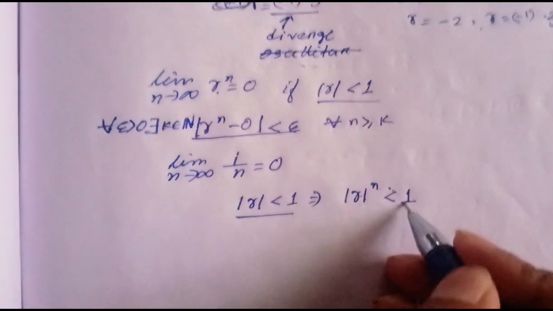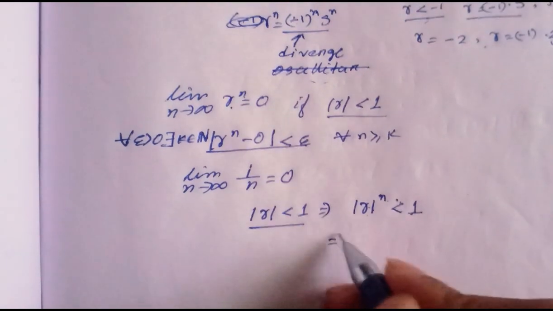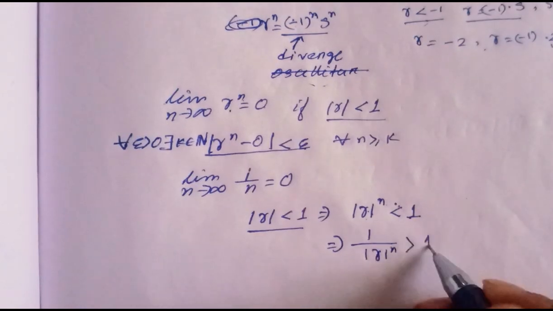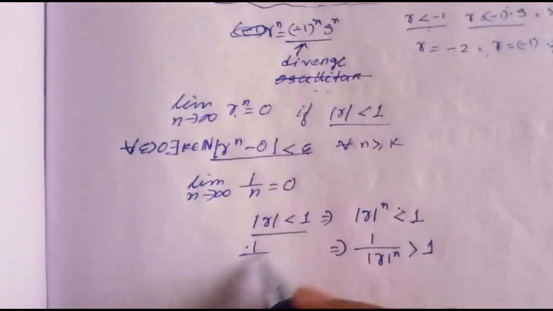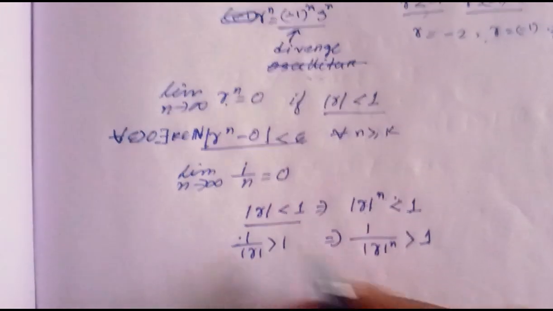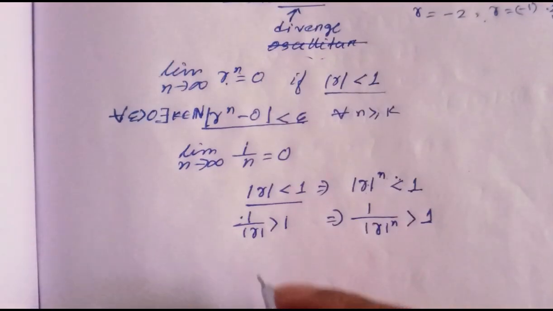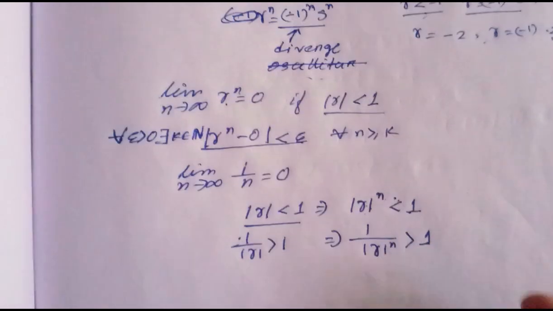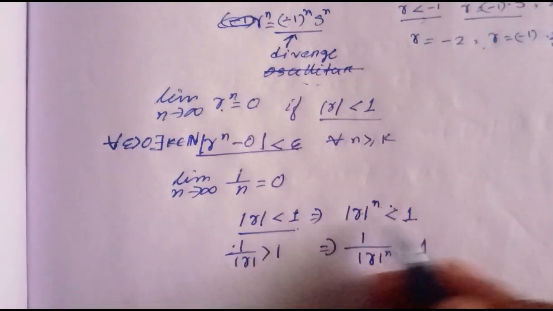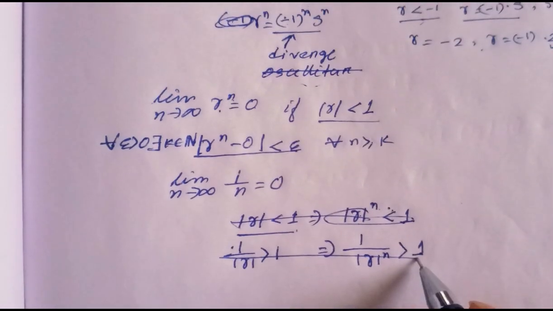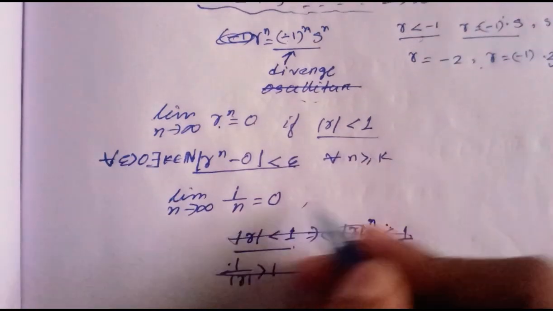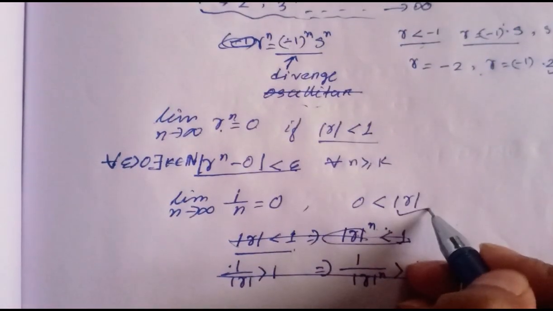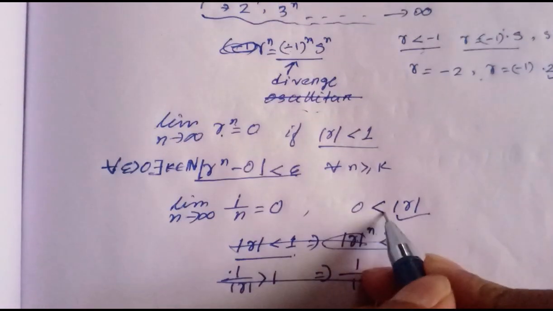So 1 by mod of r to the power n is greater than 1, and also 1 by mod of r is greater than 1. This is the property of the absolute value function, so mod of r is greater than 0.